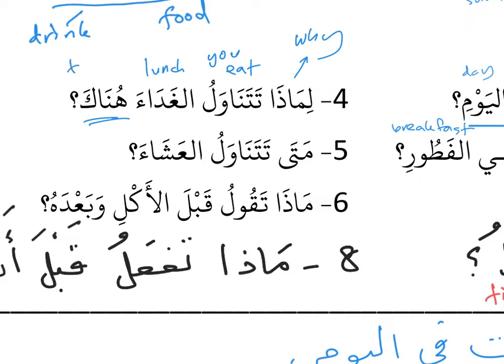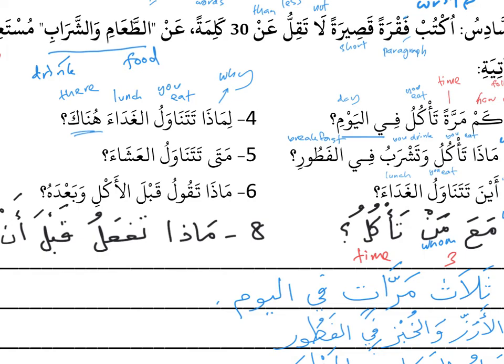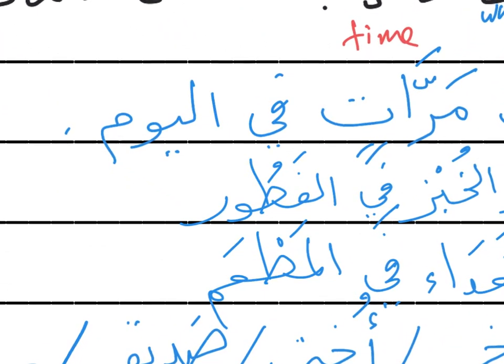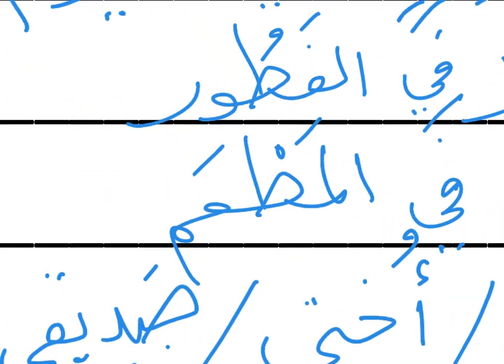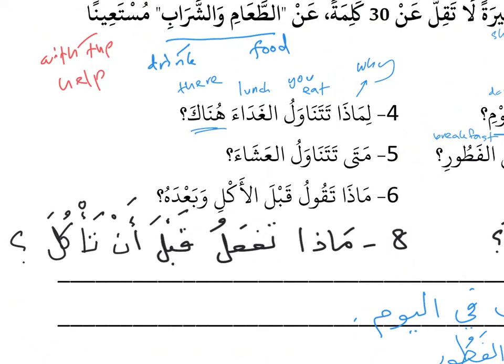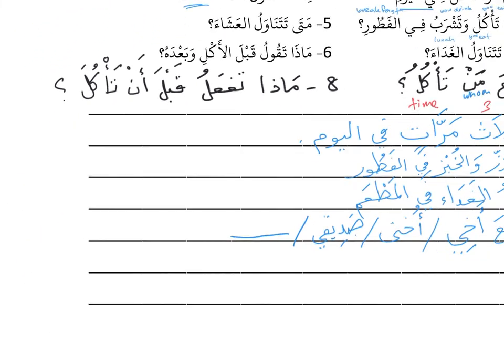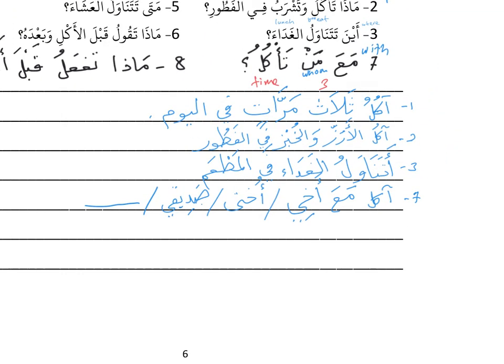Hunaka means there. So there here, of course, refers to this place. It depends on your answer. If you say mat'am, the restaurant. So limadha tatanawalu, why do you eat your lunch over there? Hunaka. So you need to provide a reason why.